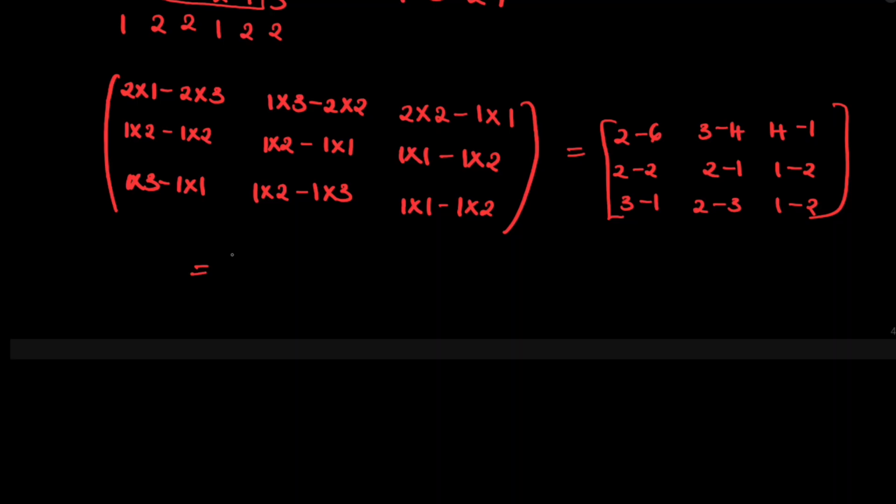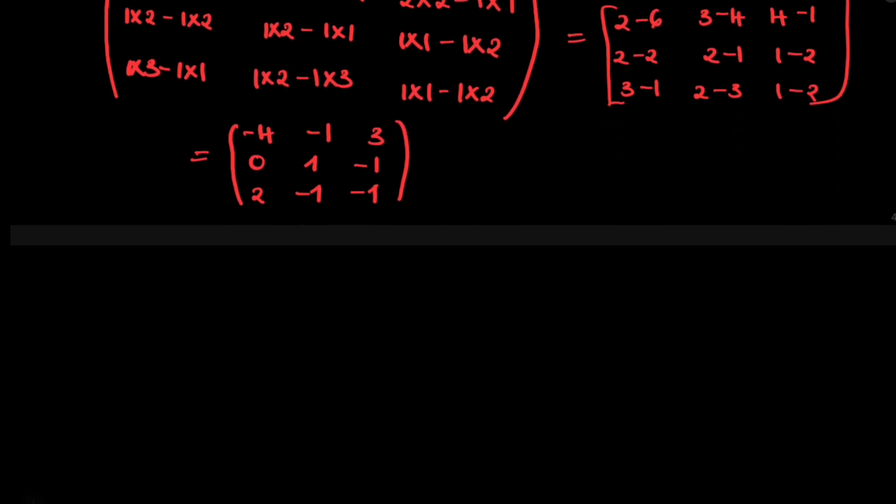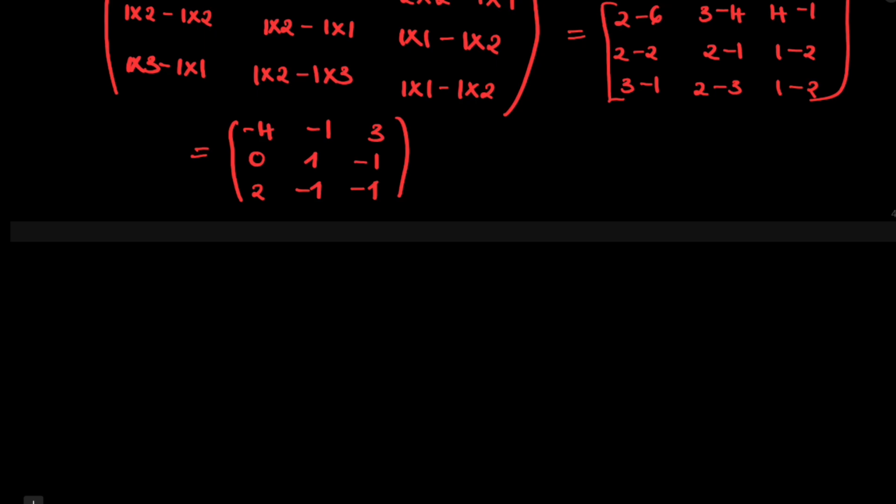So in general, this is minus 4, minus 1, 3, 0, 1, minus 1, 2, minus 1, minus 1. So that is the matrix of cofactors.